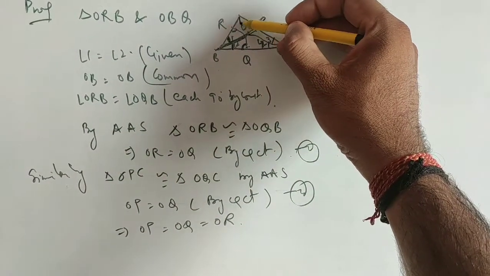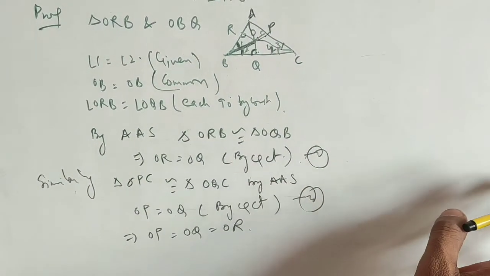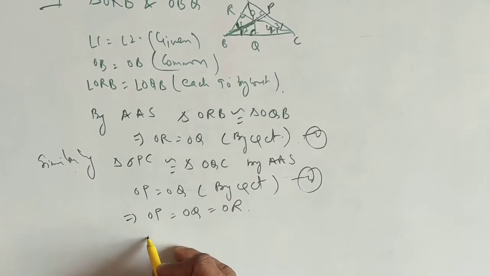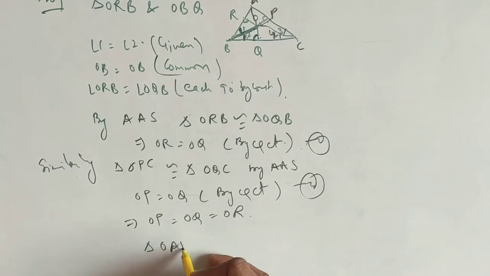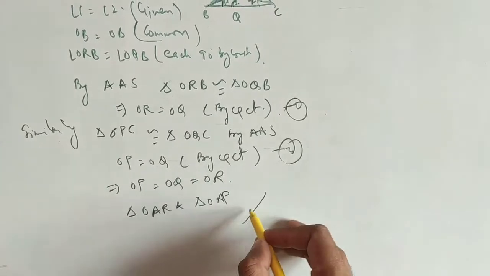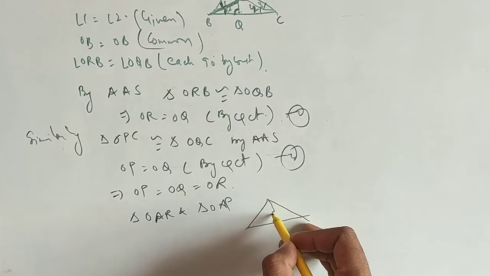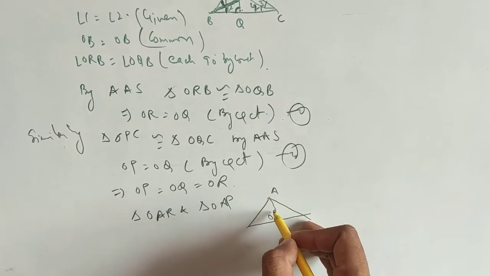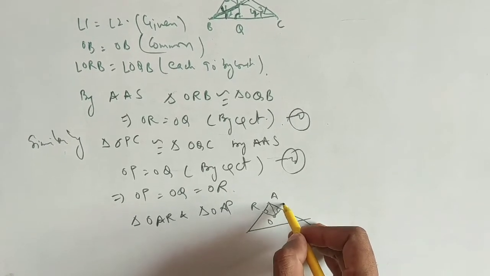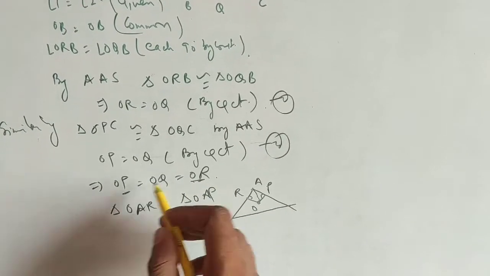Now we move to the triangle OAR and OPA. Now in triangle OAR and triangle OAP, I am drawing this figure again here. Now what happened? This is A, this is O, this point is A, this is the one perpendicular R, this is the other perpendicular P. And what we have proved that OR and OP are equal.